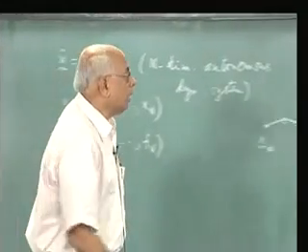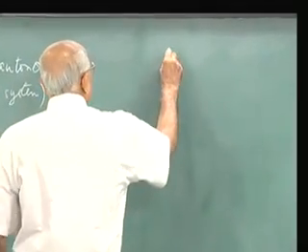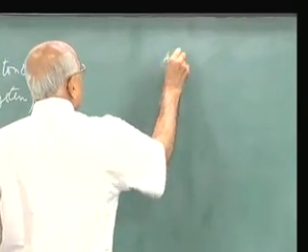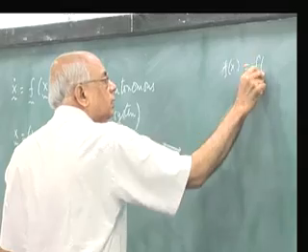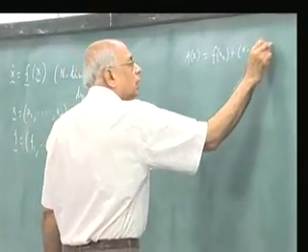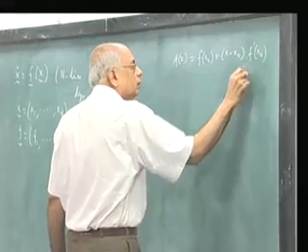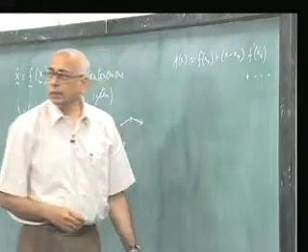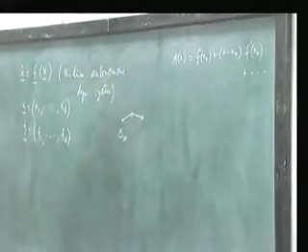And what would that look like? Well, if it were a single function, if you simply had f of x, then of course I would write this as f of x naught plus x minus x naught f prime at x naught plus etc. This is what I would normally do if I had a single variable x.